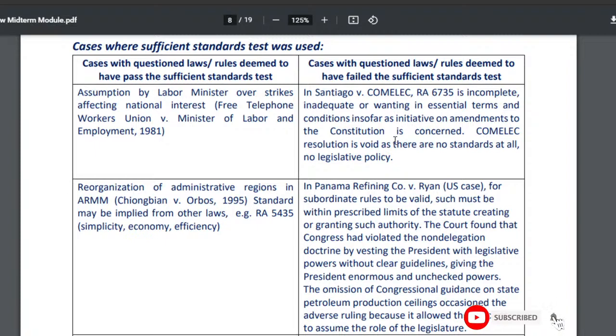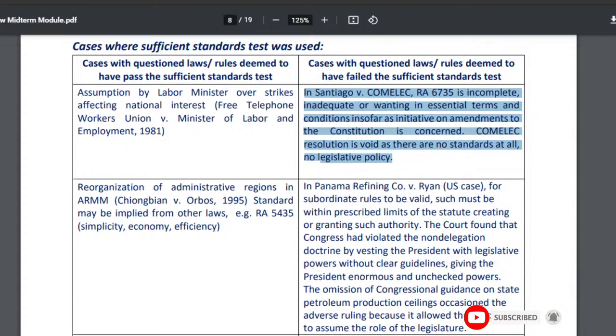The Comelec resolution in question is void because there are no standards at all, no legislative policy. Mao na ang gisulti sa case ni Santiago versus Comelec. So the sufficient standards test was used here and it failed. So, void ang Comelec resolution.